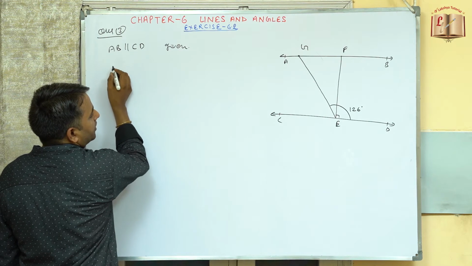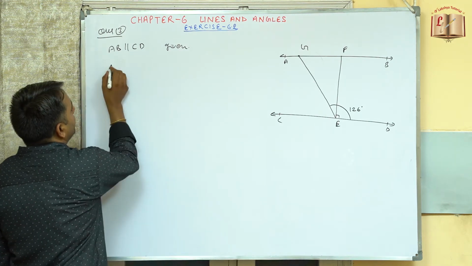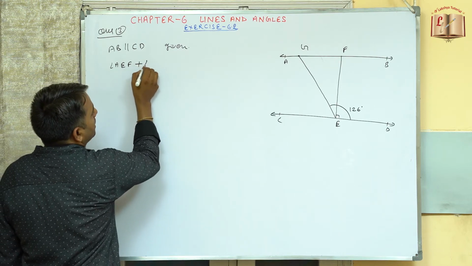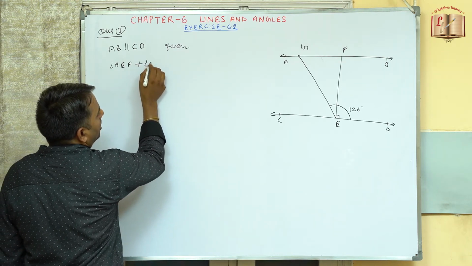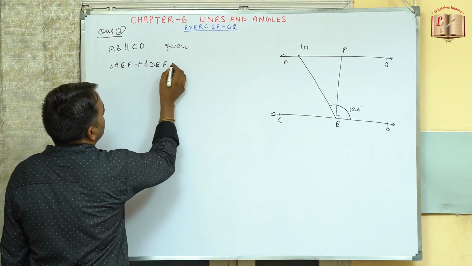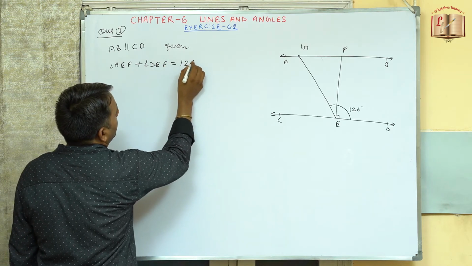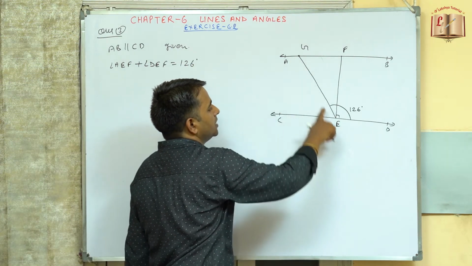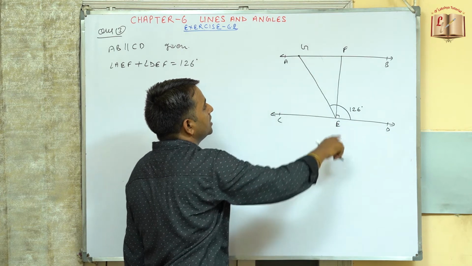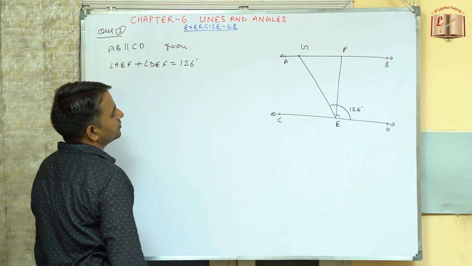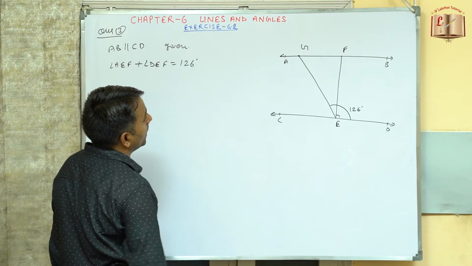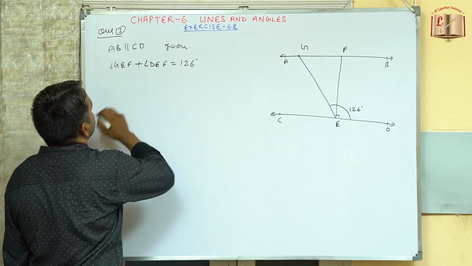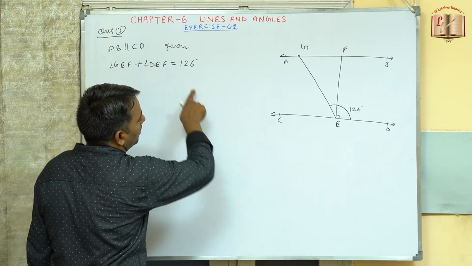So I can write angle AEF plus angle FED or DEF equals 126 degree. This is given. GED is equal to angle GEF plus angle DEF, this is equal to 126.